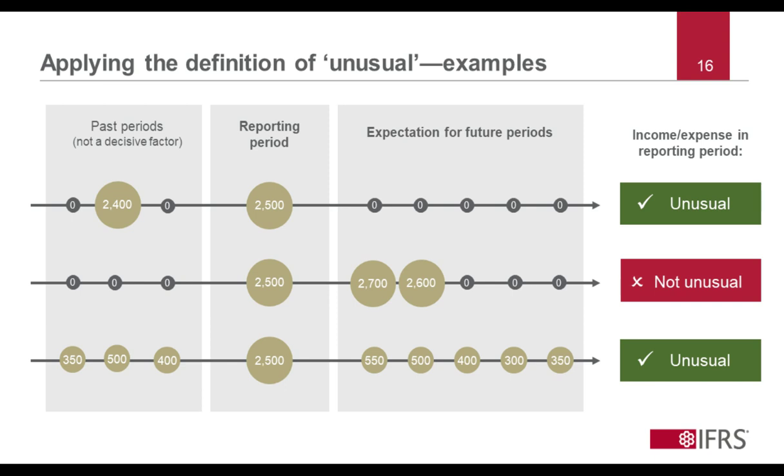In this example, they're between 300 and 550. So the company would not generally classify those litigation expenses as unusual. However, if in the current reporting period, the company incurred high litigation costs of 2,500 because of a particular important case, it would classify the costs from that case as unusual if litigation costs in several future annual reporting periods were not expected to be of a similar amount.